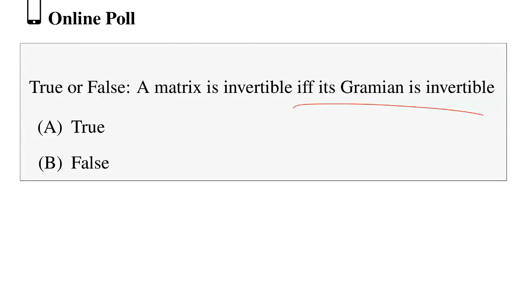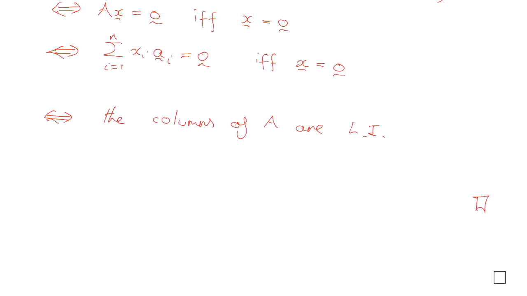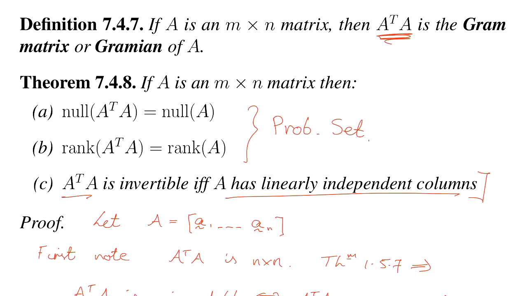And let me start that one. Okay, this looks like it was a good one to ask. So let's go back and think about what this theorem was saying. So this theorem is talking about any m by n matrix.